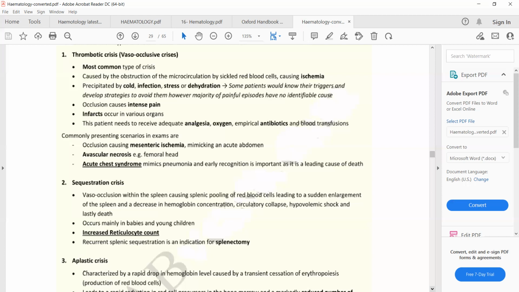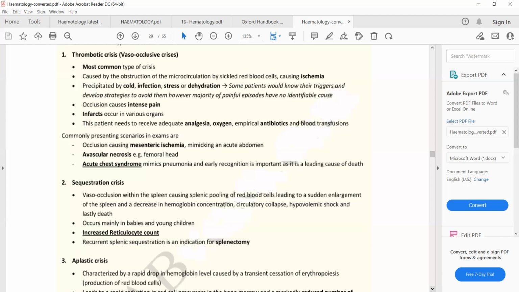This sickling can result from cold, infection, stress, and dehydration; these are the different precipitating conditions. Some patients know their triggers and develop strategies to avoid them, but the majority of painful episodes or vaso-occlusive crises do not have any identifiable cause. Whenever occlusion occurs, intense pain will occur and infarction will occur in various organs.